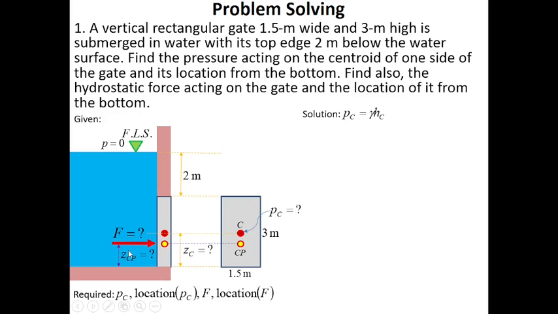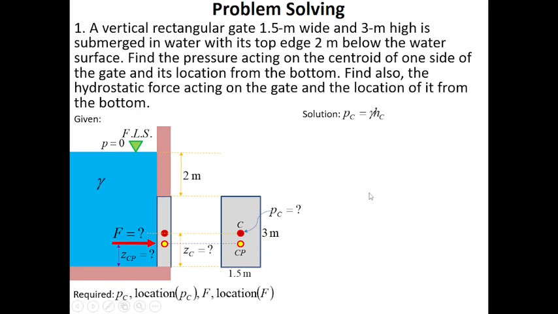So solution: the pressure at the centroid is equal to the unit weight of water multiplied by H sub C, the pressure head from the free liquid surface to the centroid of this plane area.